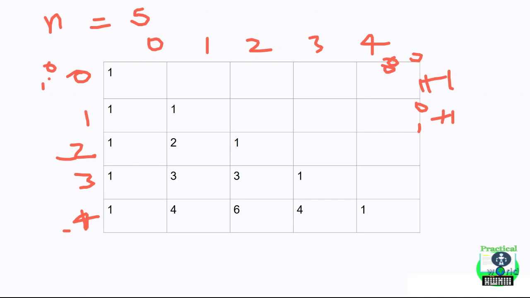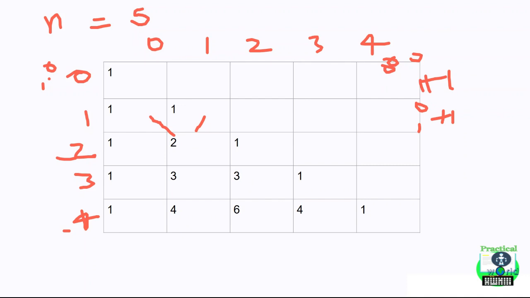Now, what to fill in this 2D matrix? If the element is first or last, then we have to fill 1. Otherwise, if our element is neither first nor last, we have to put the summation of two values. If you see, this 2 is nothing but the summation of this diagonal and this top value.